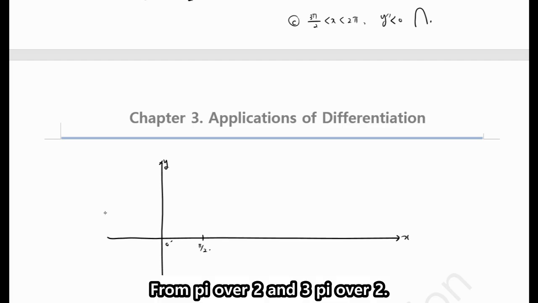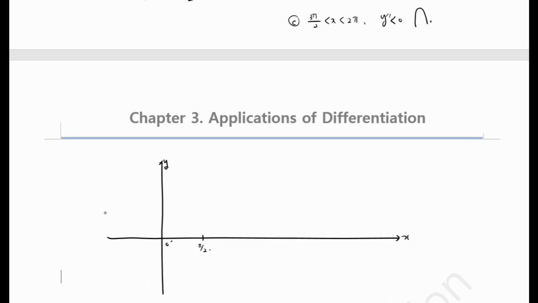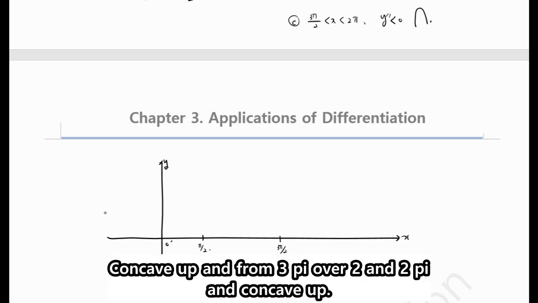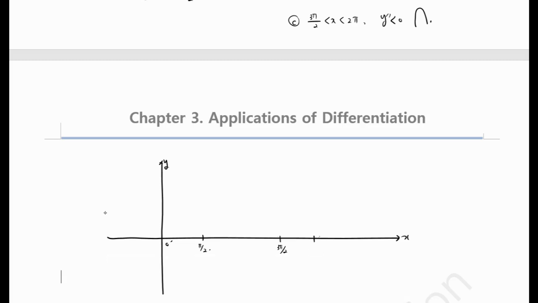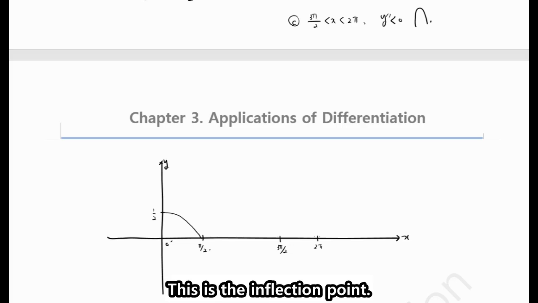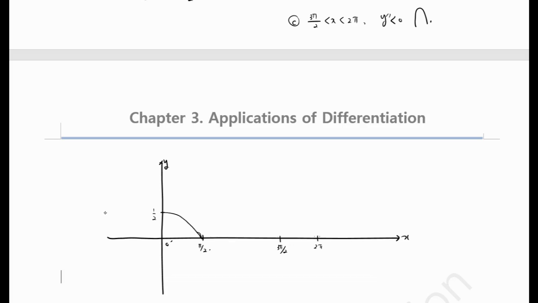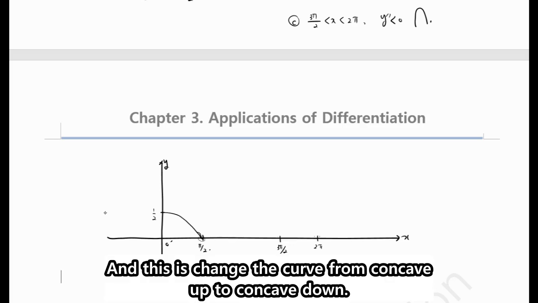From pi over 2 to 3 pi over 2, concave up, and from 3 pi over 2 to 2 pi, concave down. That means at x equals 0, y is 1 over 2, and the curve goes like this. This is an inflection point, and here the curve changes from concave up to concave down.